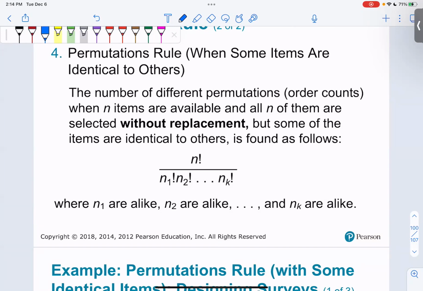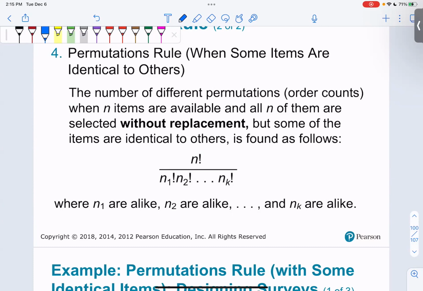So in this case, if I want to find the number of ways I can arrange those books, it will be 7 factorial divided by the factorial of the identical ones. Imagine I have another 3 identical books here now. So it will be 7 factorial divided by 2 factorial times 3 factorial. Since those 2 are exactly the same, it doesn't matter which is first or second, right?